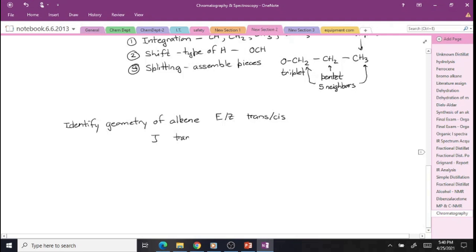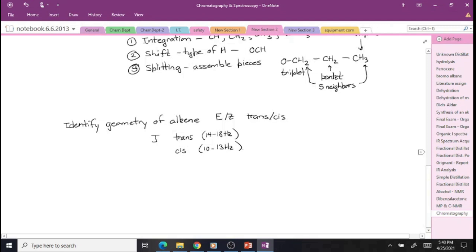For trans alkenes, the coupling constant is typically going to be in the 14 to 18 Hertz range. So if you see a coupling of that magnitude, this is probably a trans alkene. For cis alkenes, typically the range is going to be about 10 to 13 Hertz.